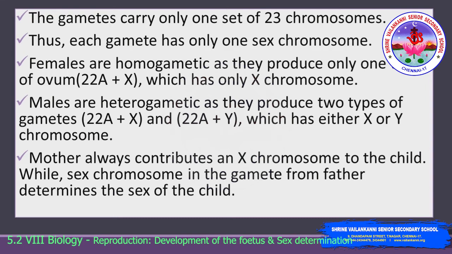Usually, the sperms have an equal number of gametes with X chromosome and Y chromosome. Mothers always contribute an X chromosome to the child, whereas the sex chromosome present in the gamete which comes from the father determines the sex of the child.